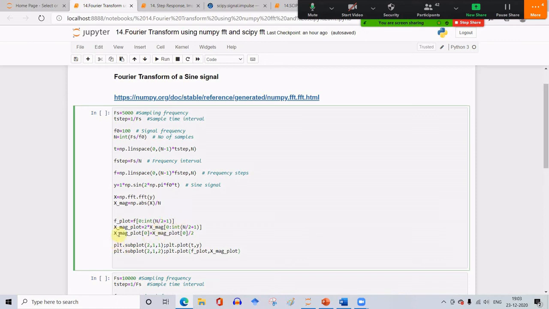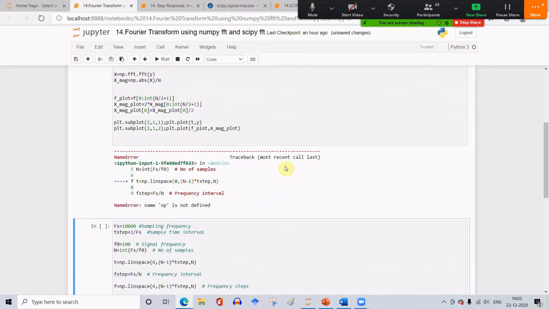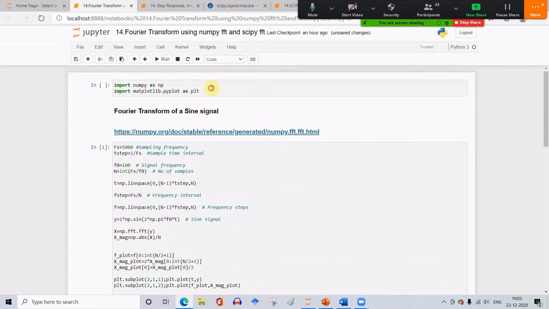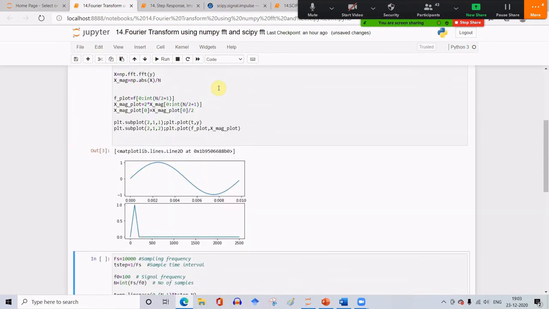Then I'll plot the two graphs. One is the original signal, t comma y. The second one is the FFT signal magnitude, f underscore plot versus x mag plot. Okay. So if I run this, NP is not defined because I did not run this first cell. Okay.